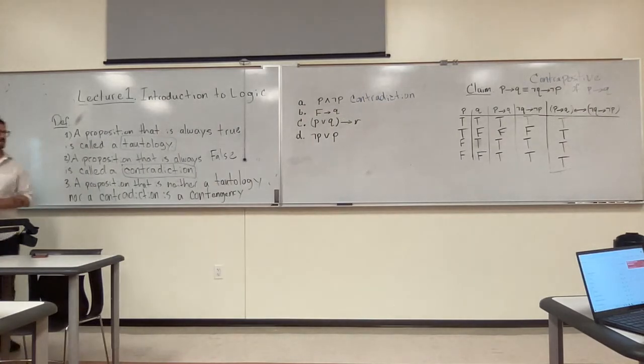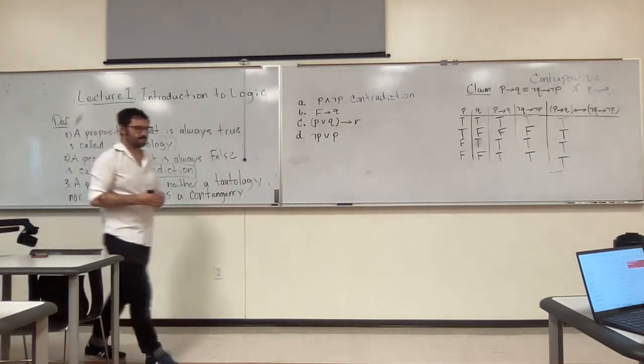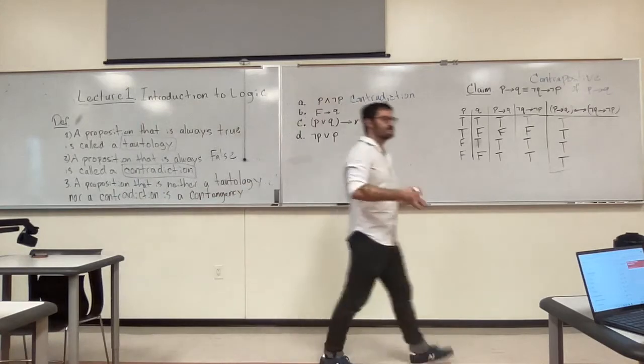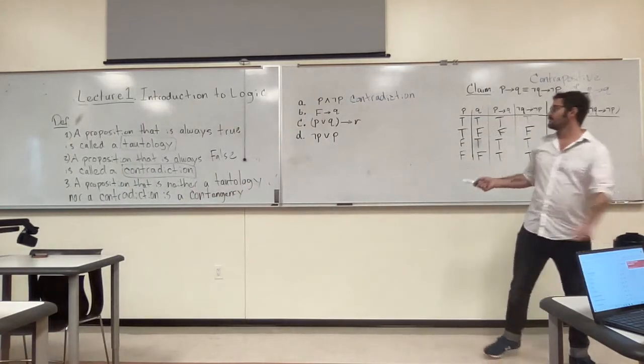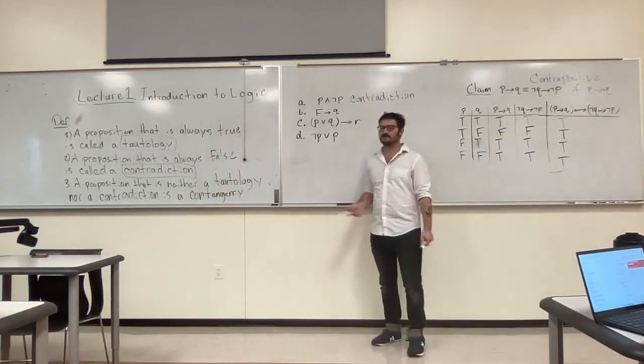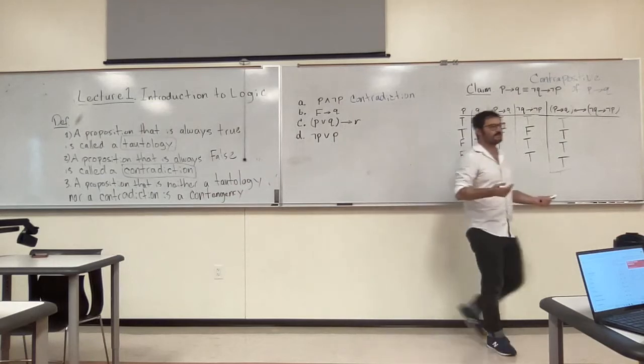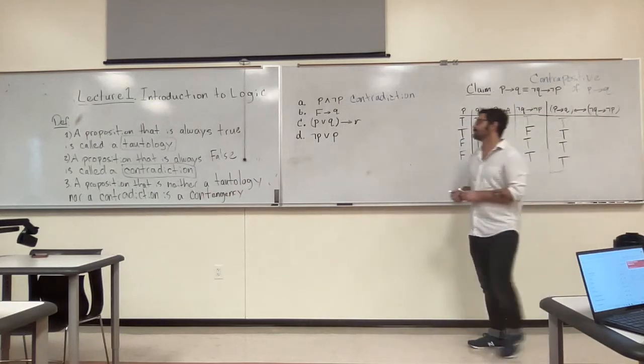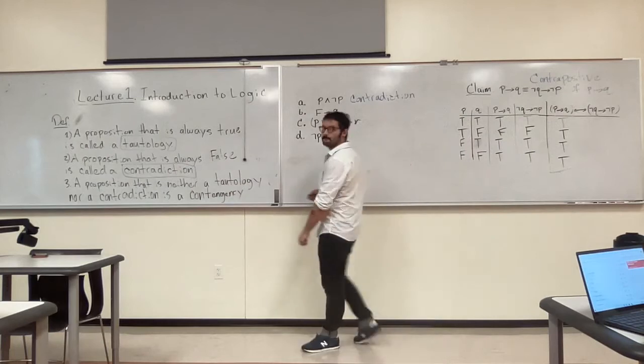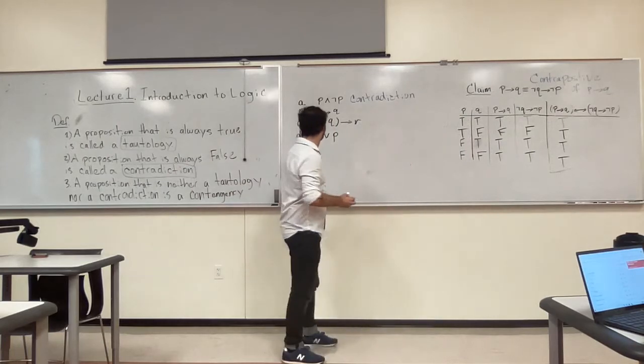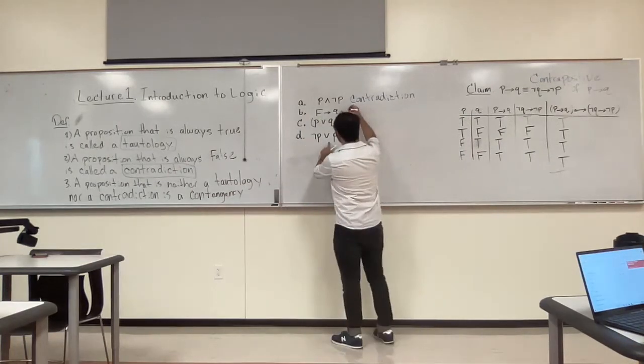What about B? It's a tautology. It doesn't matter what truth value Q has, it's always going to be true because it has a false hypothesis. D as well, right? It's also a tautology.